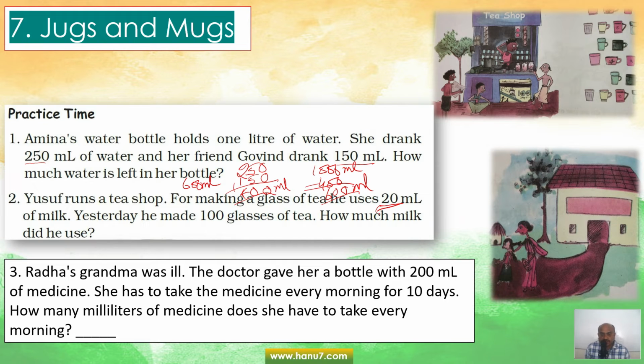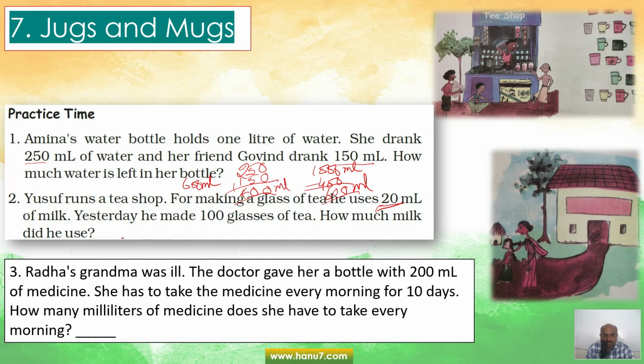So he told us clearly in the question that in order to make 1 glass of tea he uses 20 ml. So yesterday there were 100 such glasses he prepared. So he is asking how much milk did he use.